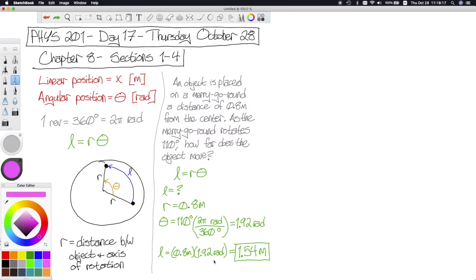So as we've effectively converted from an angular distance to a linear distance here, we started off with radians, but because we've just calculated a linear quantity, the radians will just disappear into the night, and we'll be left only with the meters as our answer. So let me write that down, or at least a summary of it.